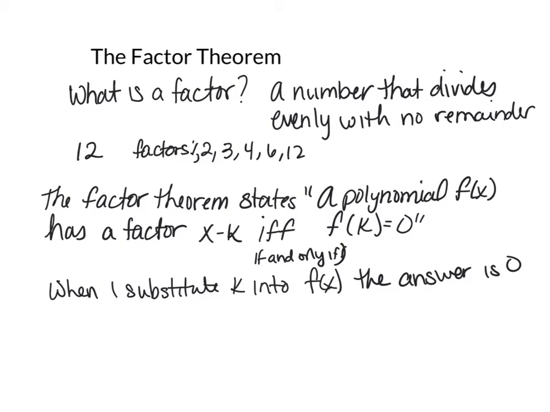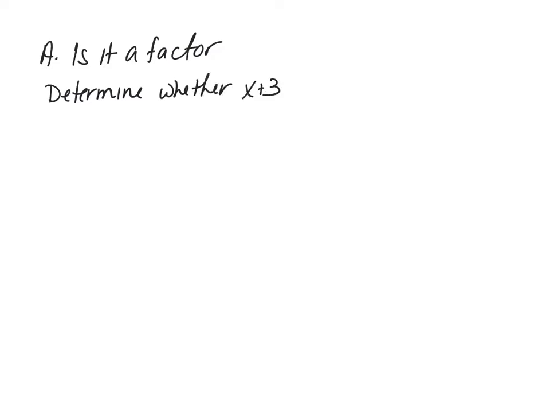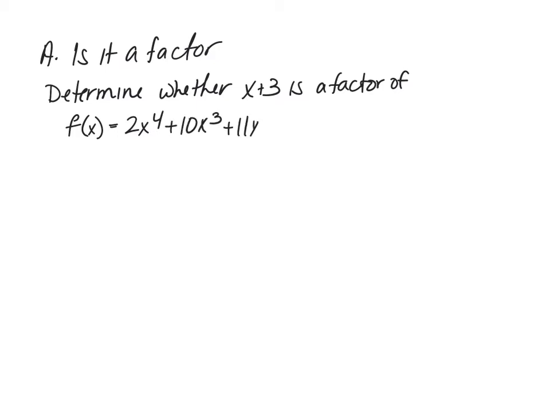Okay, so the first thing is to determine: is it a factor? The book is going to just say determine whether x plus 3 is a factor of, and then it's going to give you a polynomial, f of x equals 2x to the 4th plus 10x cubed plus 11x squared minus x plus 6.